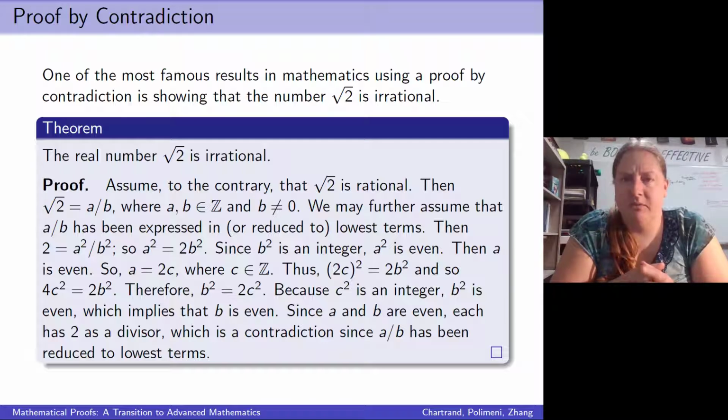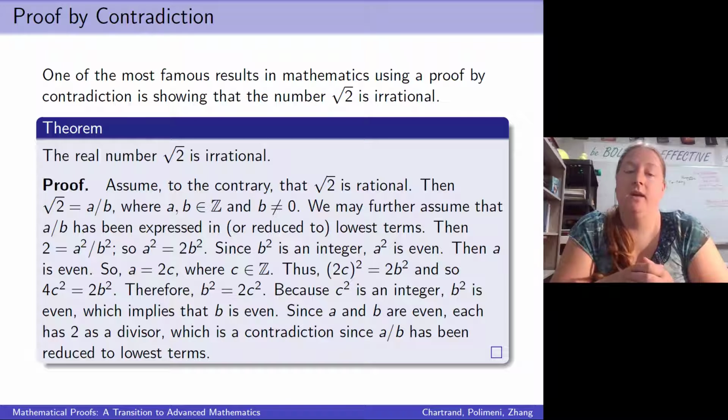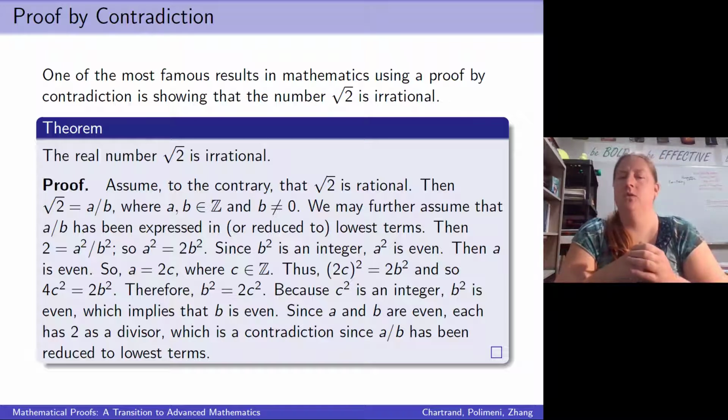Well, c squared is an integer, so that means b squared is even by the definition of even. And then I know that b must be even as well. So now I have that a and b were in fact both even, which means they both have 2 as a divisor. So a over b wasn't actually the reduced fraction that I assumed it was.